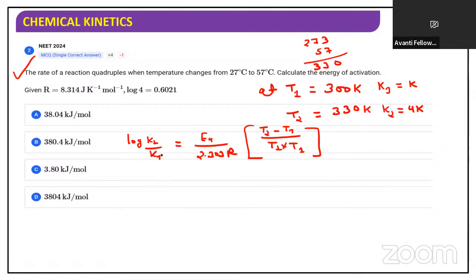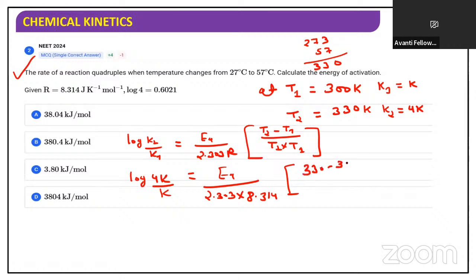Okay, so log K2 by K1. So log K2 here we have 4K, so 4K divided by K. Here Ea we have Ea, this is 2.303 and R is 8.314, and this is (330 minus 300) divided by 330 into 300.